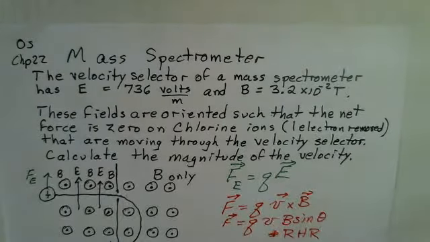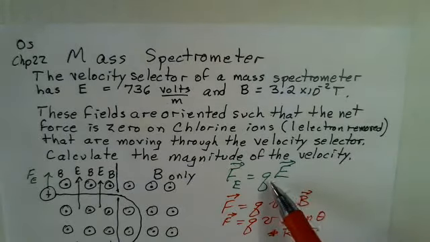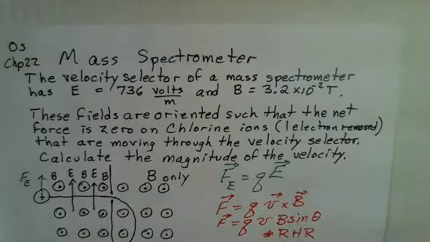You must use the right-hand rule to find the direction of the force. The electric case is a little easier. We get the magnitude from Q times E, and we get the direction from the electric field. Magnetic forces are a little bit more complicated. We need to use our right-hand rule to come up with the answer.